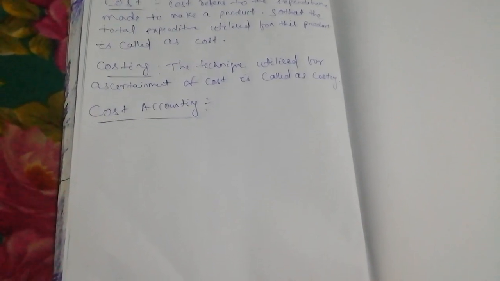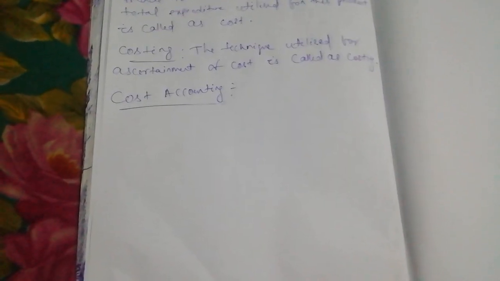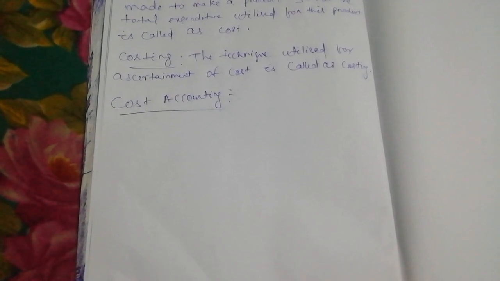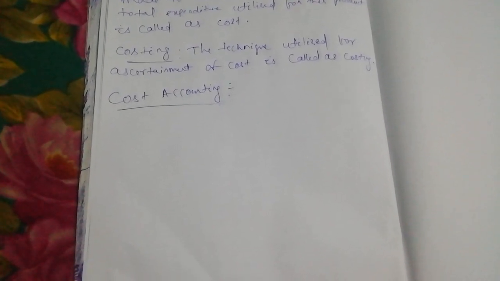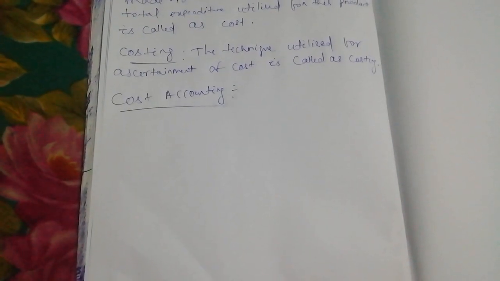Cost accounting describes the process of recording, classifying, summarizing the cost of production of a particular product so that cost determination can be identified easily.